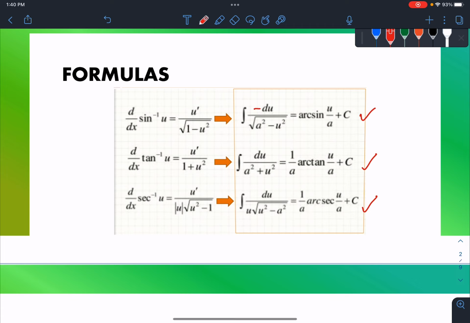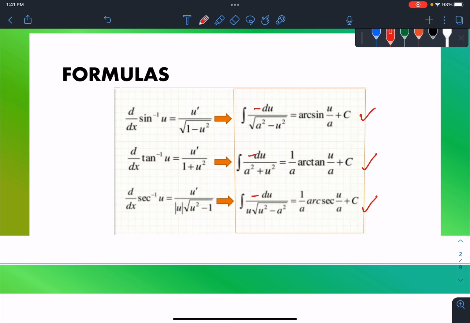So if we place this one as negative du, then that makes it arc cosine. If we make this one a negative du, that will make it arc cotangent, and if it's a negative du, that would make it arc cosecant.